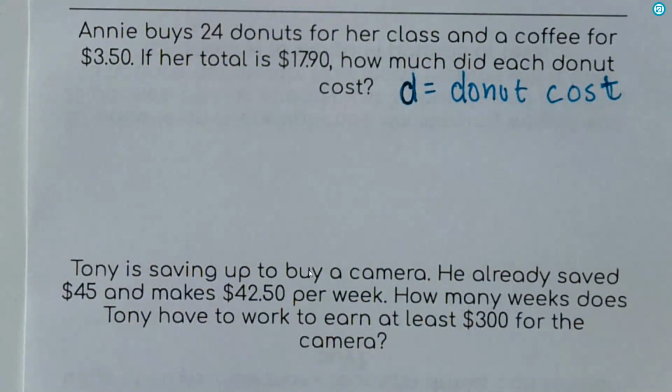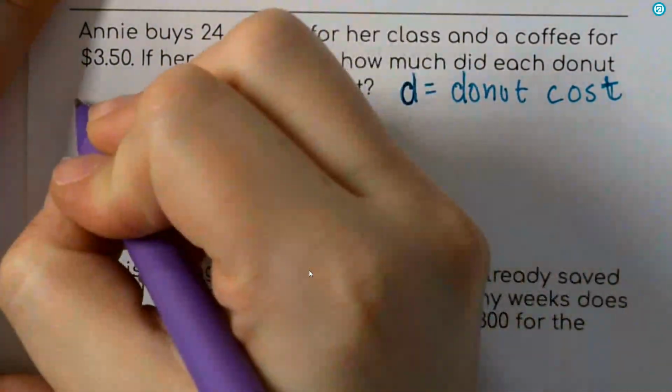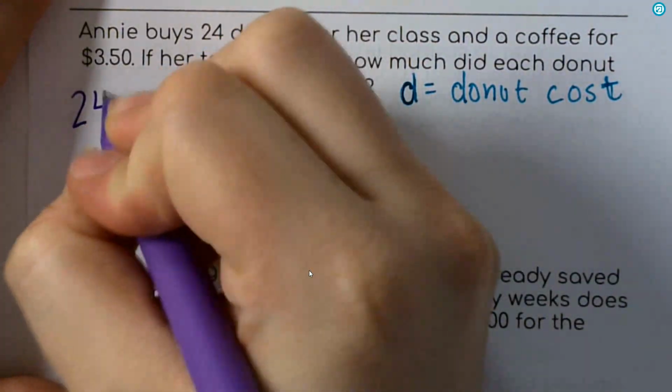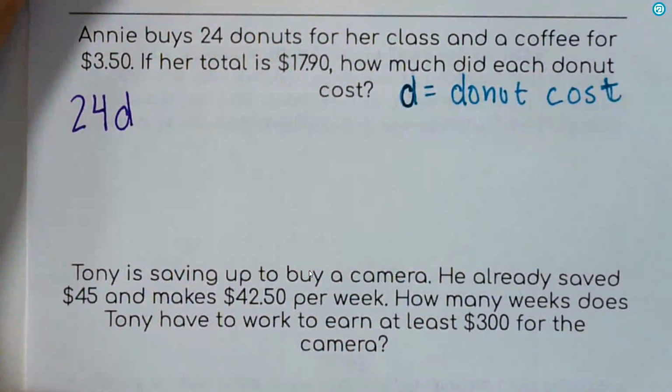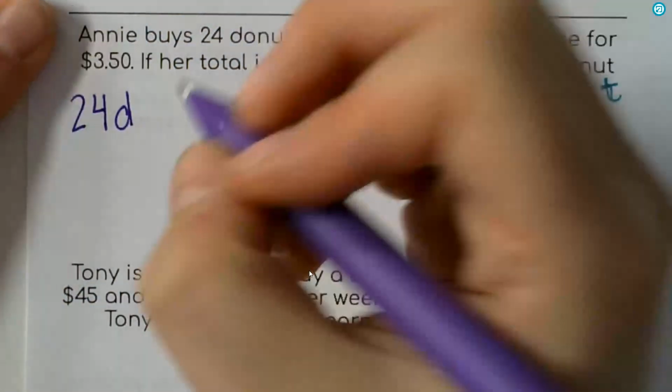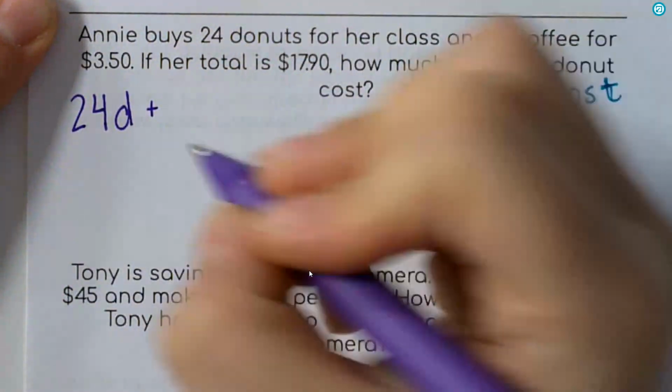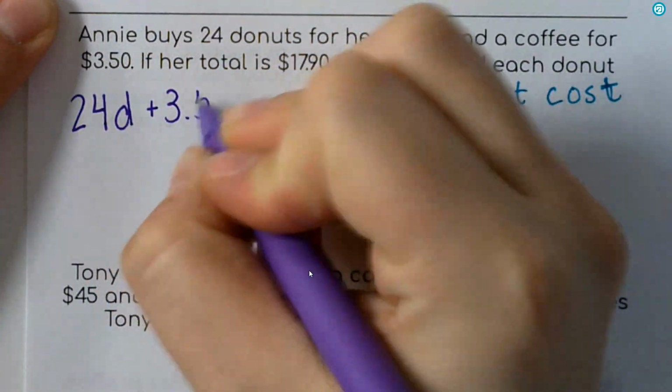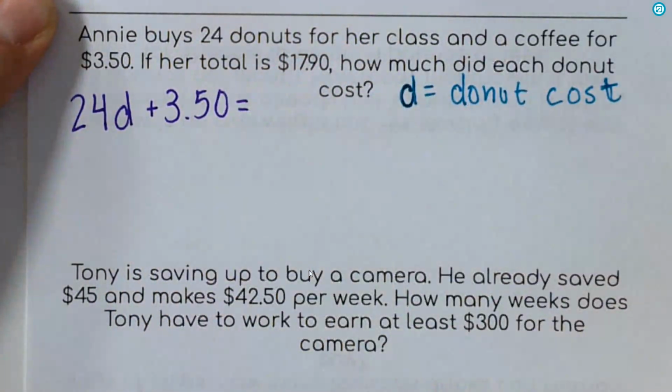Okay. How many donuts does she buy? 24. So our equation is going to be 24 times D, the cost per donut, plus what else does she spend money on? The coffee. She spends $3.50 on that, so I'm going to put 3.50. What is her total?